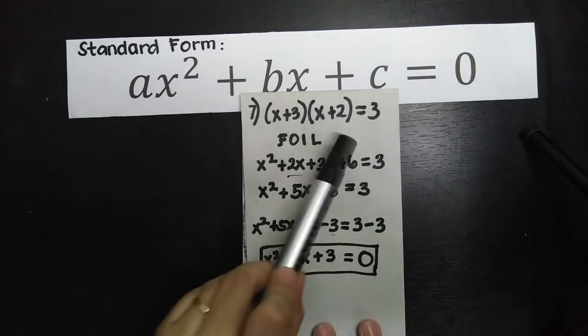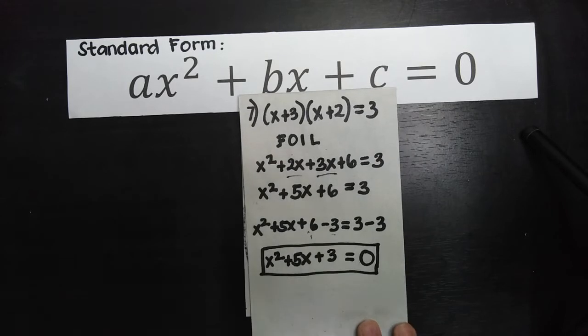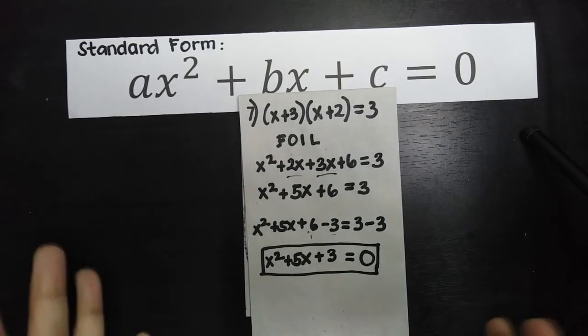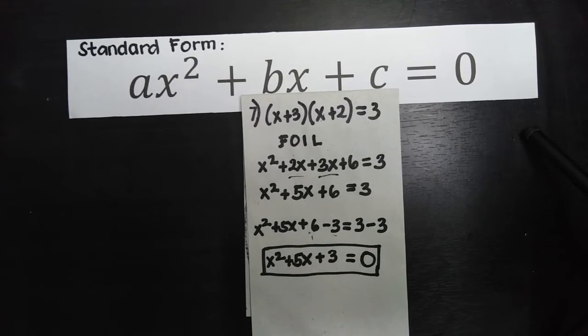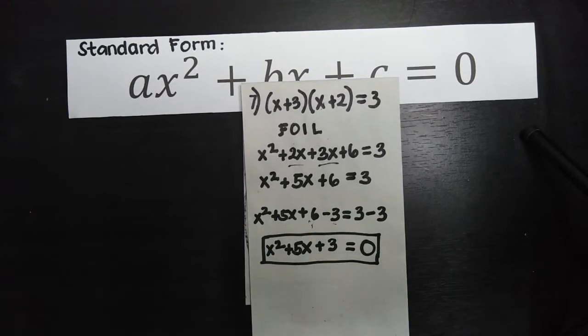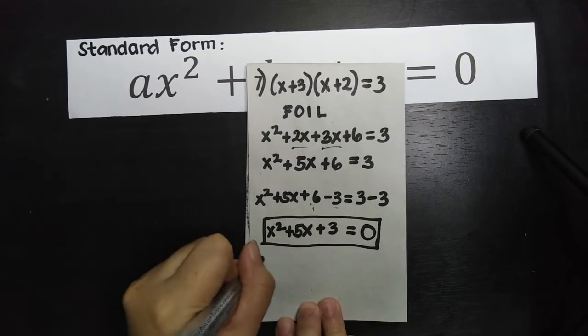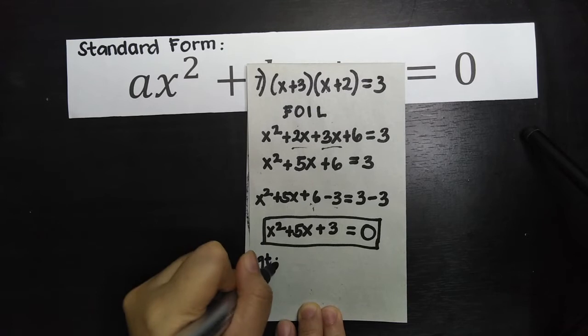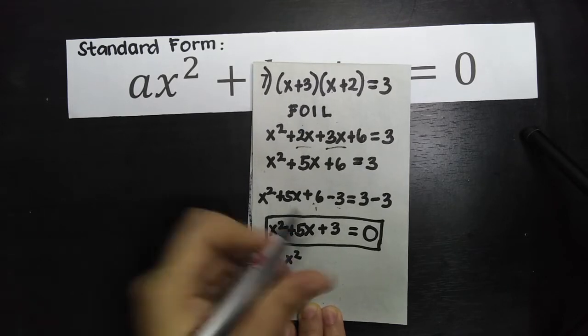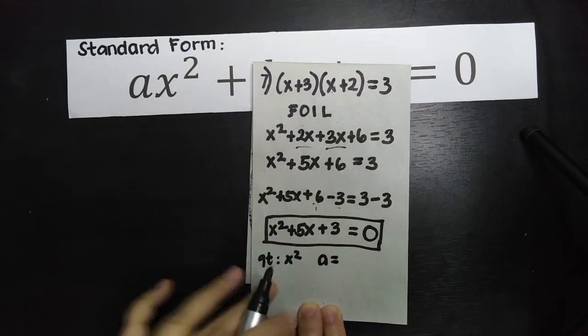So, ito, akala mo hindi quadratic, but once you apply the properties you learn in grade 8, we can now determine that this is a quadratic equation. Okay, so let's determine the quadratic term, which is x squared, and which gives us the coefficient a.